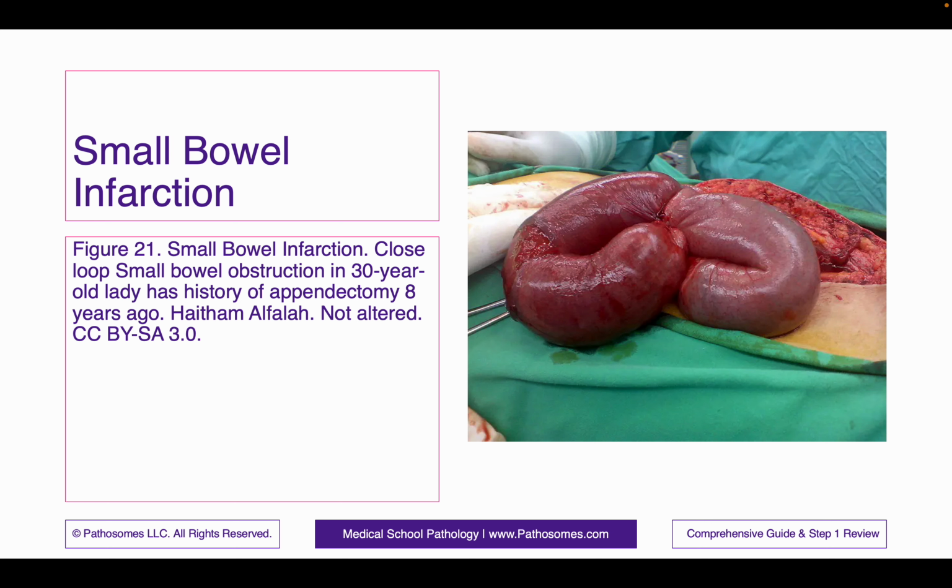Let me be clear that prior gastrointestinal surgeries increase the risks of small bowel infarction along with other conditions in which the adhesions can kind of hold and compress things, right? Because as you know, scar tissue develops after a surgery.